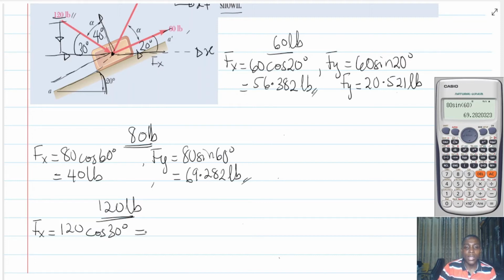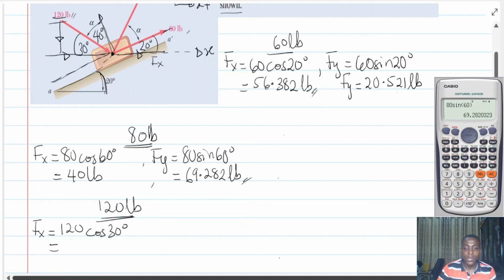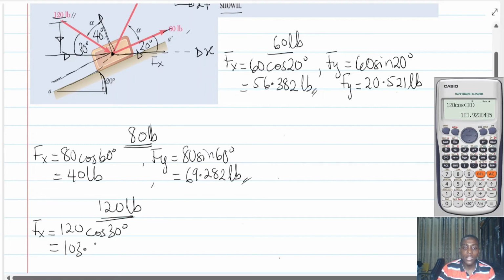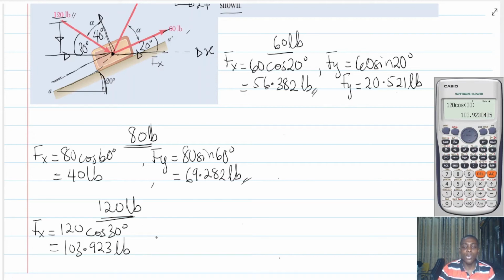All right, and what is that? 103.923 pounds. Very good. So that is the x component.